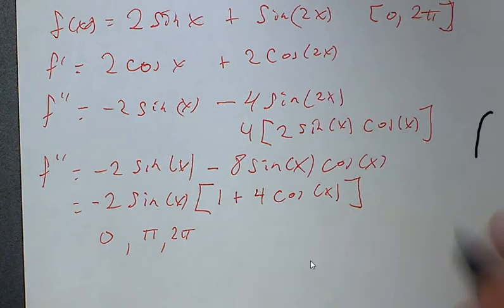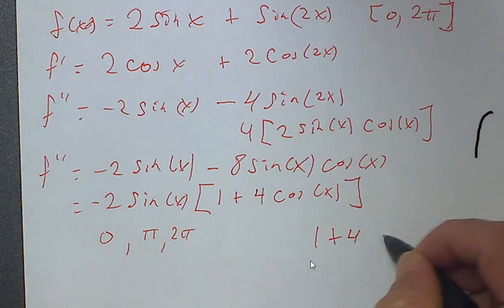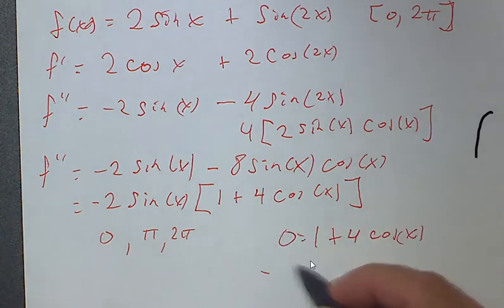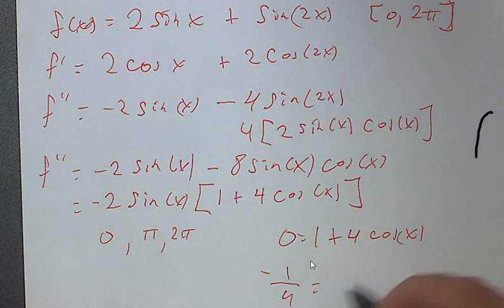This one, 1 plus 4 cosine of x equals 0, gives me negative 1/4 equals cosine of x. I don't know when cosine of x is negative 1/4. That would have to be a calculator problem at that point. They had decimal entries.